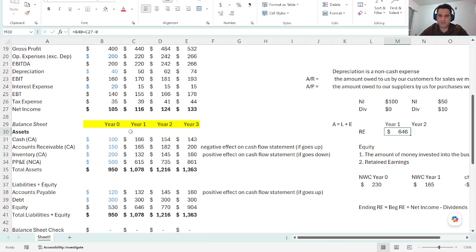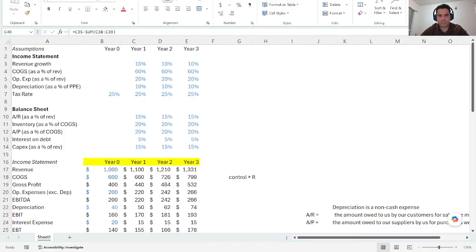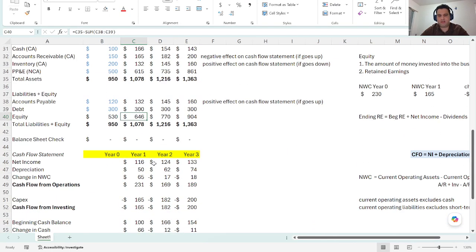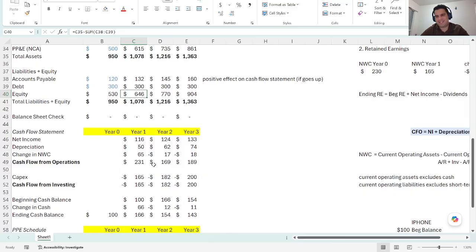So you can see that for year 1, our retained earnings happen to be 646, which matches exactly with our equity value for year 1. Okay, so this model is totally consistent. It's well laid out and shows you the interconnection between the income statement, the balance sheet, and the cash flow statement, and the logic that we need to follow to complete it. This is like an intermediate model on 3-statement modeling.